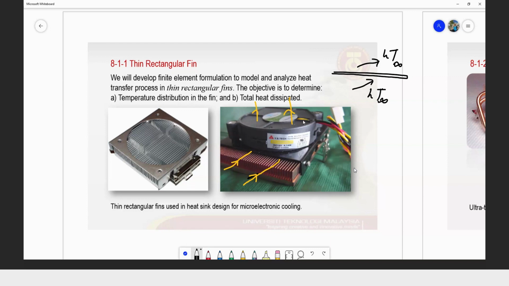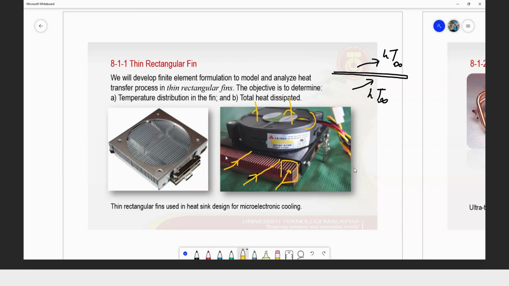Dia sebenarnya mungkin ada beza disebabkan oleh bentuk kipas kan. Sini mungkin exposure dia kepada udara tu, especially di spot lah sebagai contoh, maybe will receive lesser air lah yang disedut daripada kipas ni sebab small portion je dekat sini.